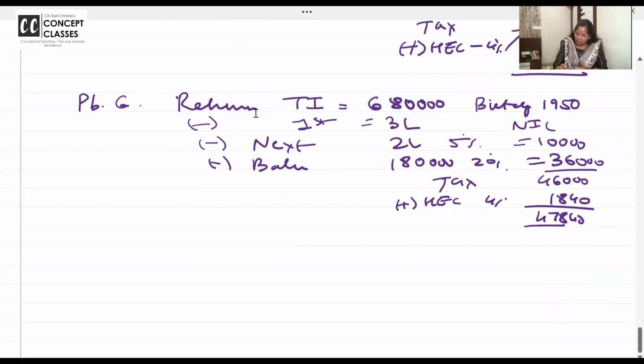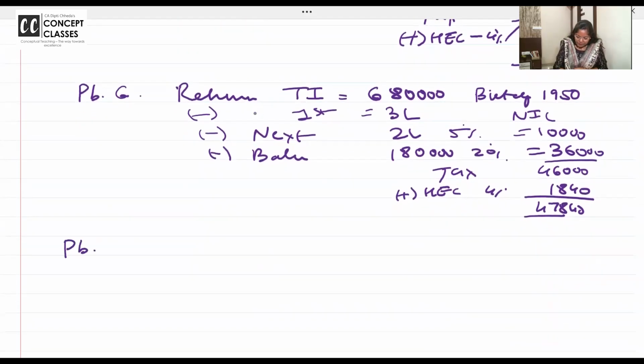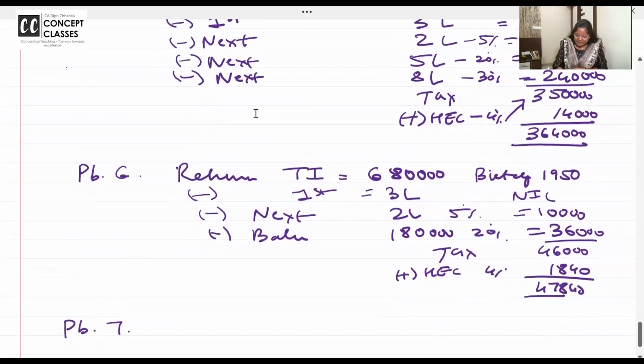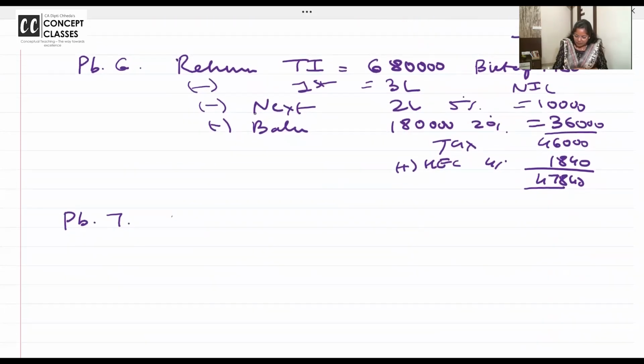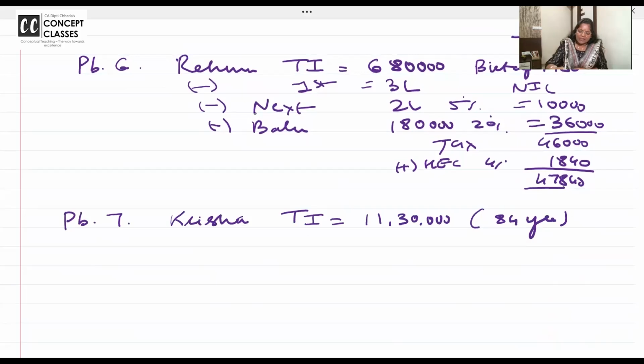Shall we continue one more problem? Yes, ma'am. Problem number 7. Krishna's total income is 11,30,000 and his age is 84 years. Krishna's.